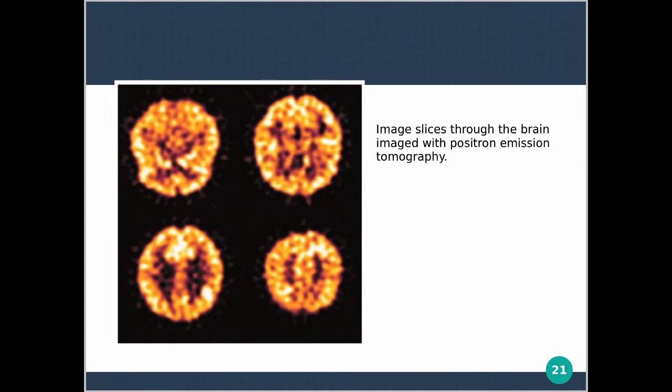Here are image slices of your brain in a PET scan. Unlike the CT scan, where the brain is well defined in the lines, in a PET scan it's not. You are going to see just an image showing the dense concentrations of the light sources. For example, the lighter part has a high density of radioactive material.